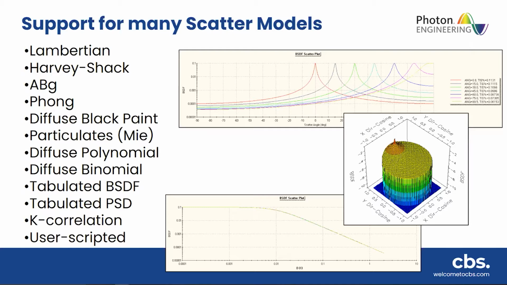We can model scattering from particulates. We also have some polynomial scatter models, which are very useful for fitting measured data too. And if push comes to shove and none of the other 12 models work for us, we always have the option of user scripted scattering, where we can write any mathematical function that we choose to model our scatter.